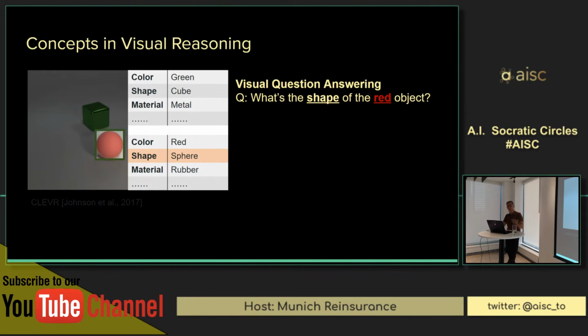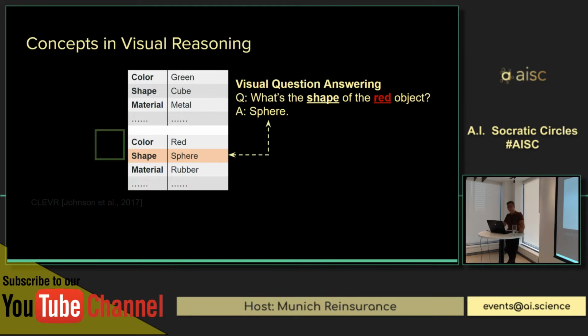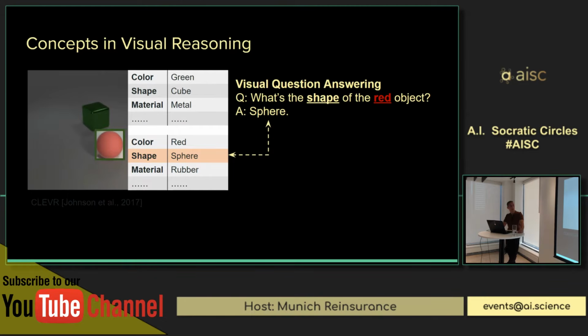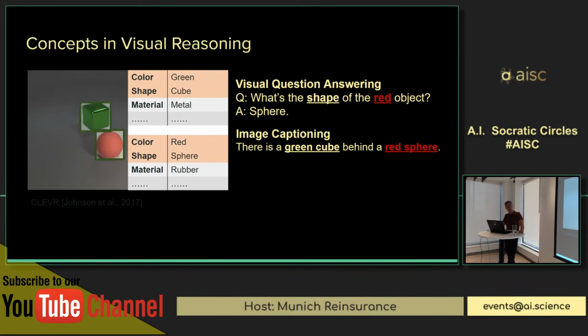So what we do is we associate the word red with the color property of the second object, and then answer the question by querying the shape of the second object. Beyond just answering questions, visual concepts support visual reasoning of various forms.